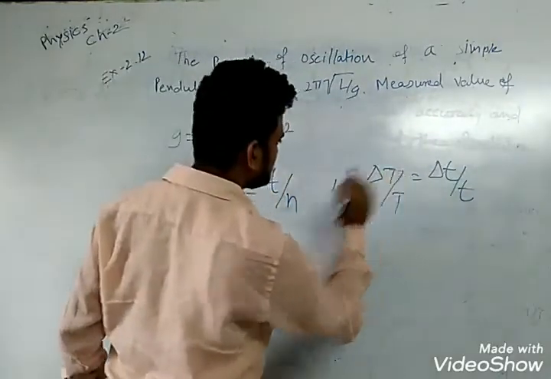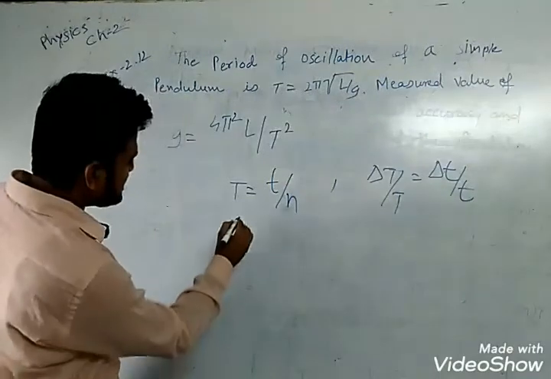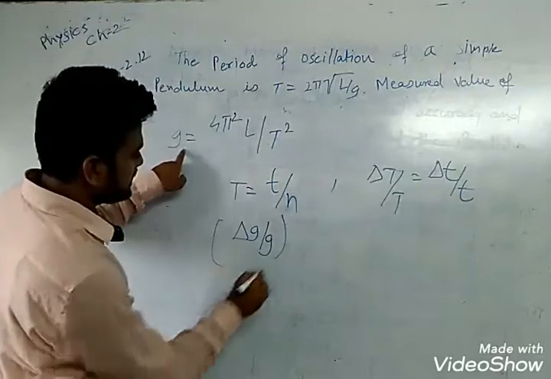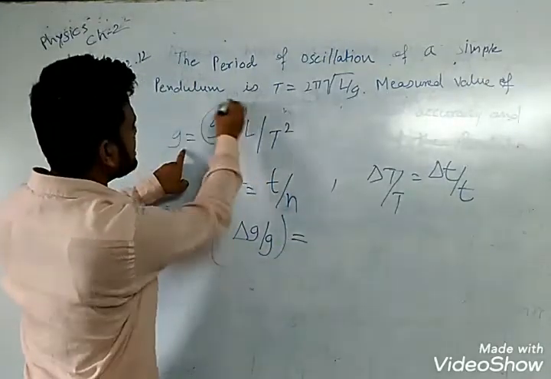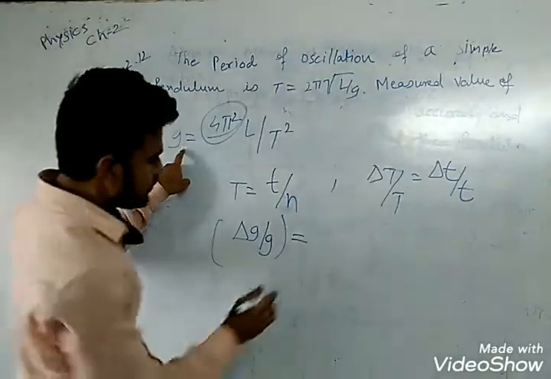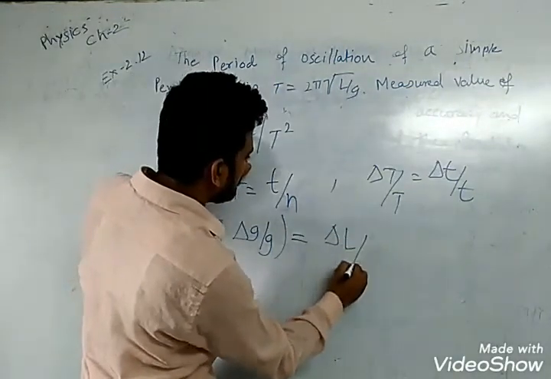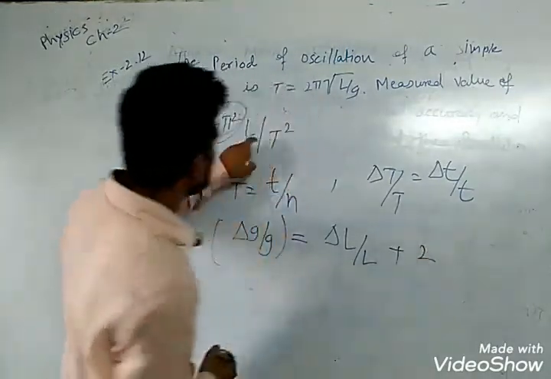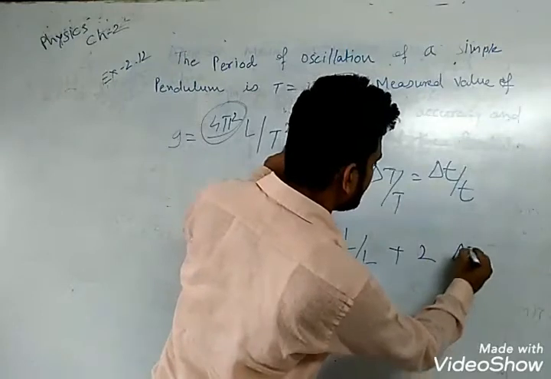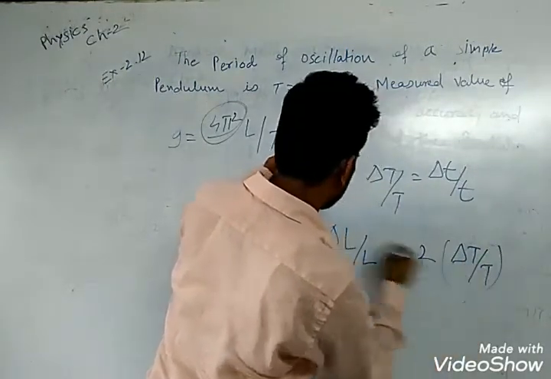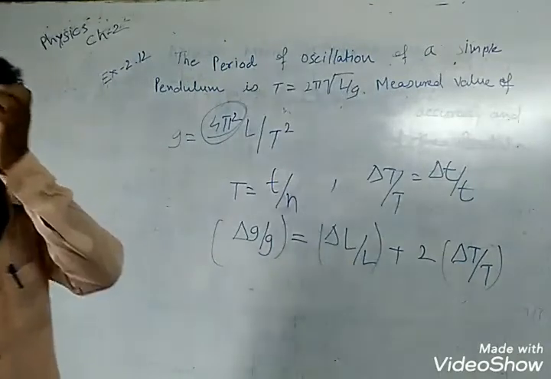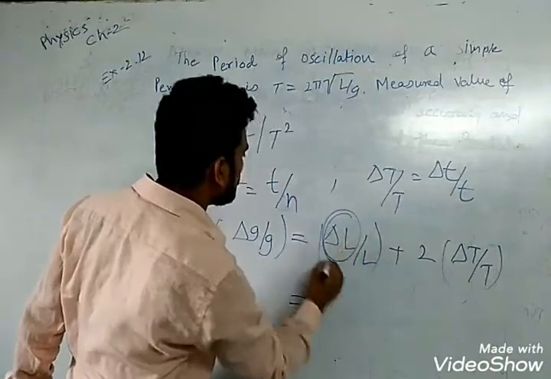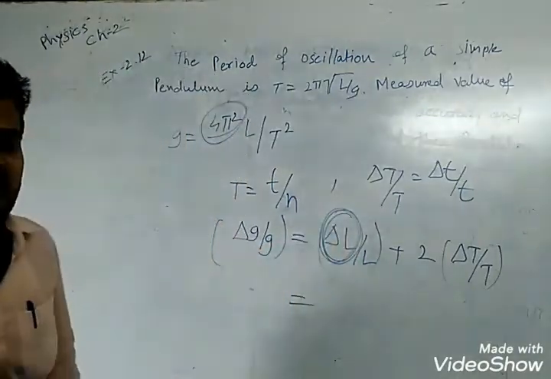Now the equation is delta G upon G is equal to, 4 pi square being constant, delta L upon L plus 2 times delta T upon T.